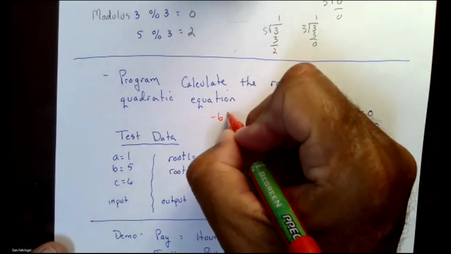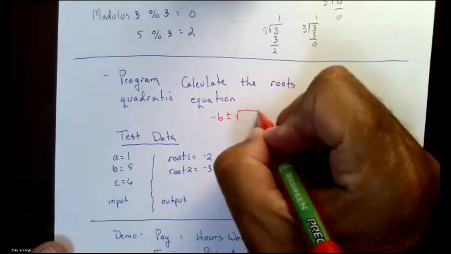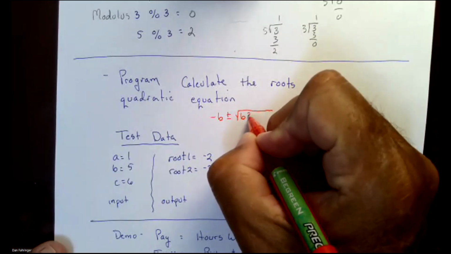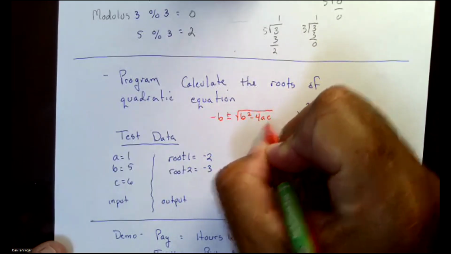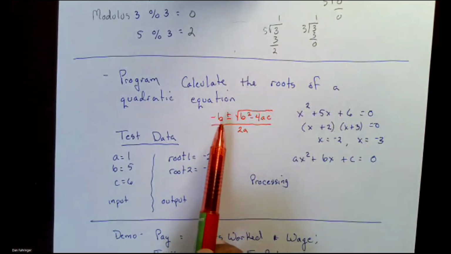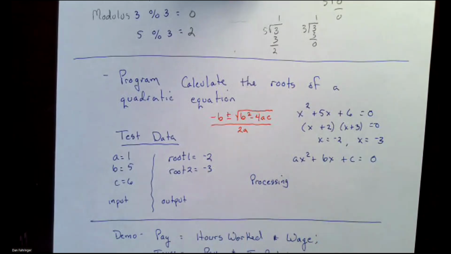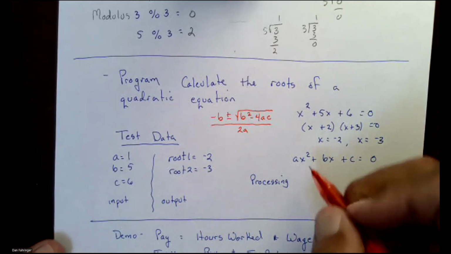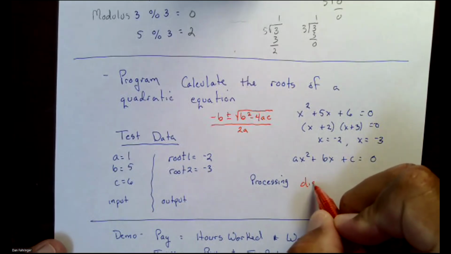Quadratic formula. Yeah, -b plus or minus the square root of b squared minus 4ac all over 2a. The first root is the plus, the second root is the minus. So I might want to find the discriminant first.